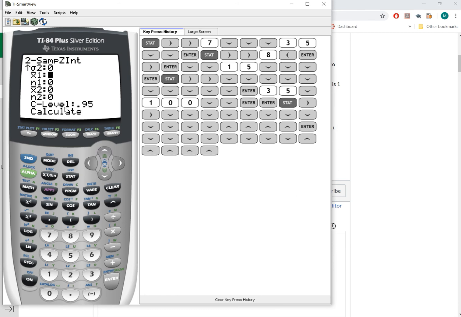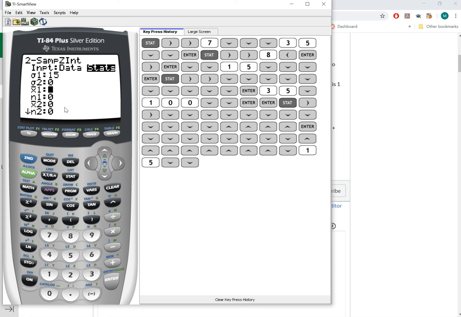So as an example, let's go back to our previous one. We had 15 for that standard deviation. Our mean was 110. Our sample size for that first sample was 35. So let's do another confidence interval for a second population. Let's say this one turned out to be 18 for the standard deviation.